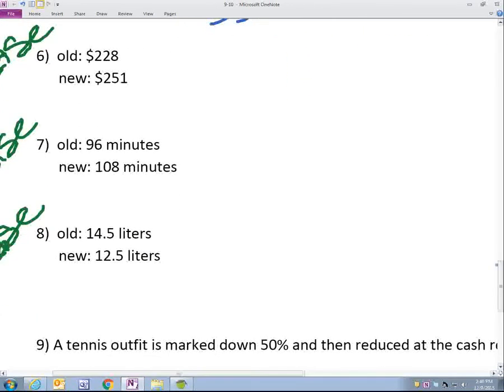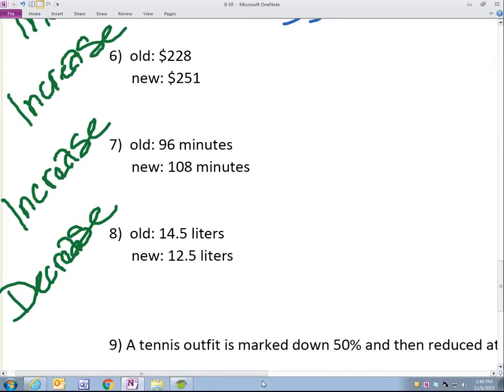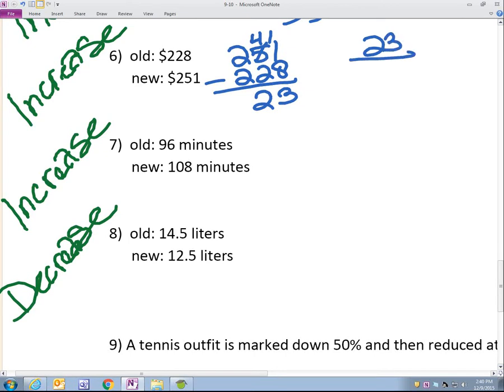Number 6, same situation. We have an increase. Yay! So it's 251 minus 228. So my new is 23 over my original, which is 228. And that's going to be the rate.